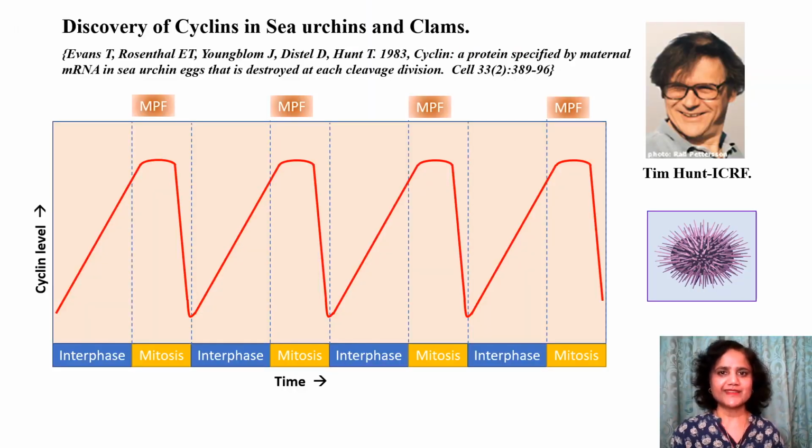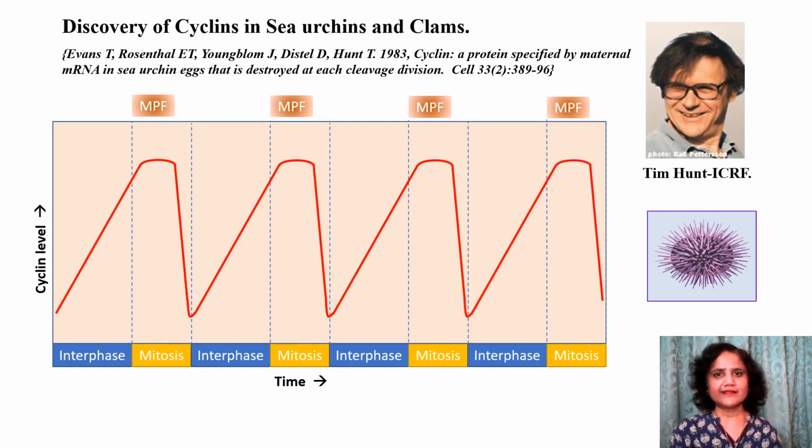Another experiment done in Tim Hunt's lab also provided important insights into potential cell cycle regulators. In an experiment with sea urchin eggs, specific proteins whose levels fluctuated, or cycle, as the cell progresses through the cell cycle in successive divisions were discovered.